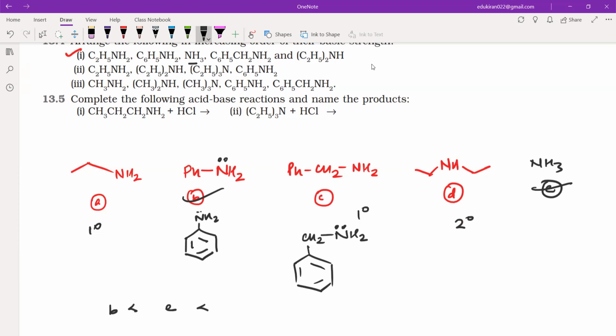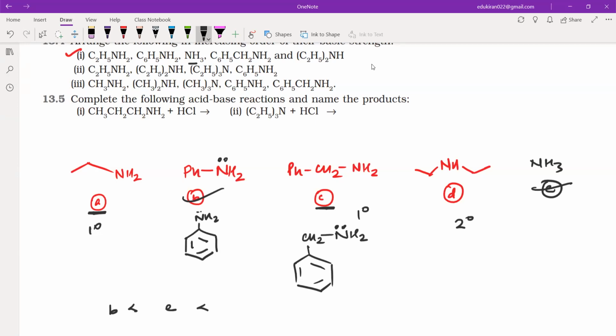So now you tell me which will be more basic. 1 degree will be more basic. So we have two 1 degrees, A and C. Next will be A and C, right? Either A or C, because D is going to be the most basic.